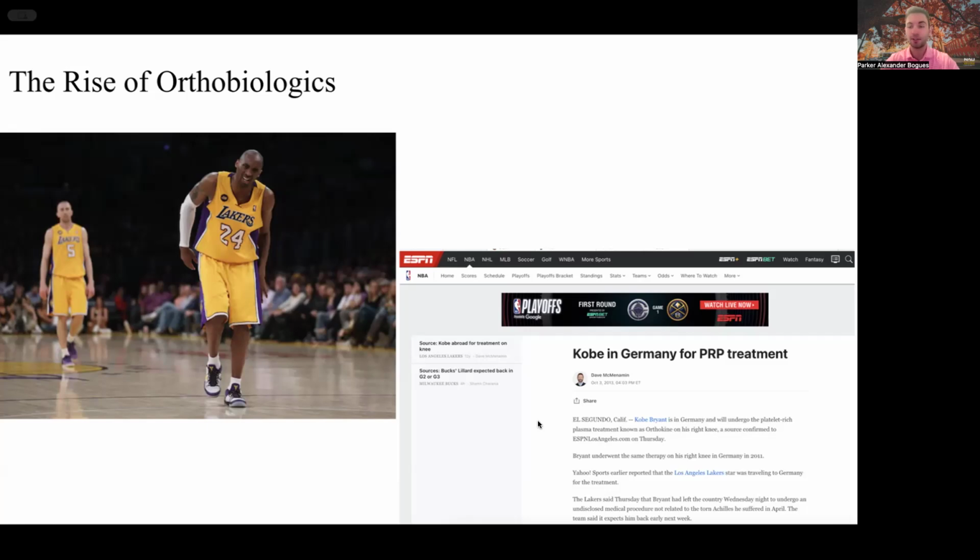It was only for top professional athletes, and your average Joe couldn't walk into an orthopedic clinic and get it. But Kobe traveled to Germany and received the platelet-rich plasma treatment, which accelerated his return to play, and he had extremely successful results following the platelet-rich plasma injection treatment.